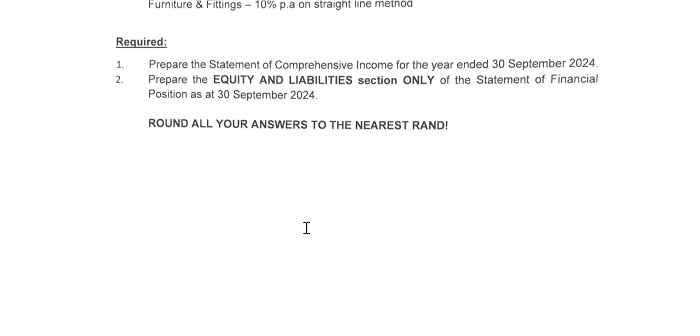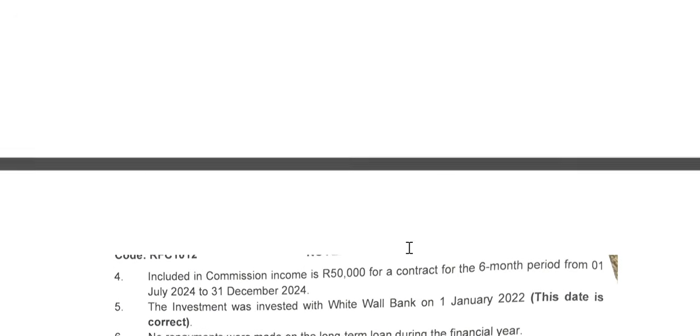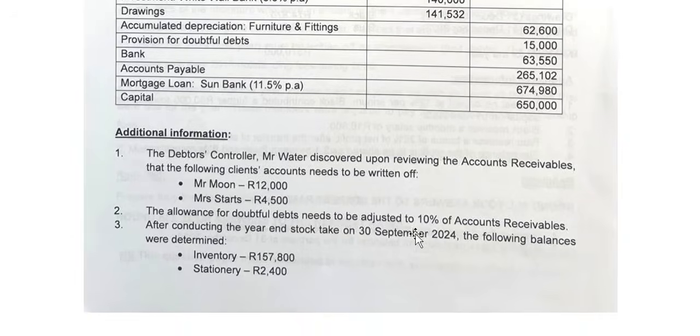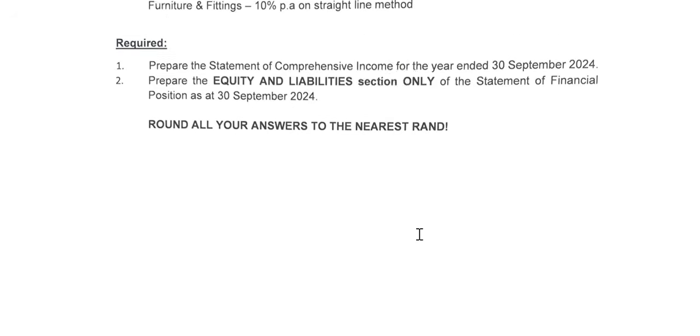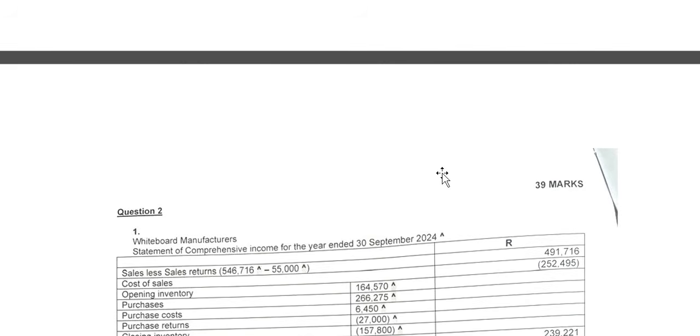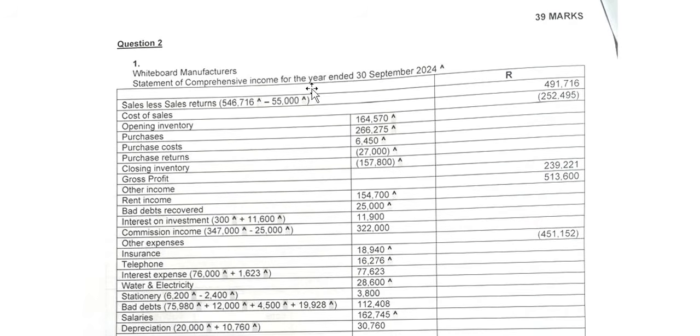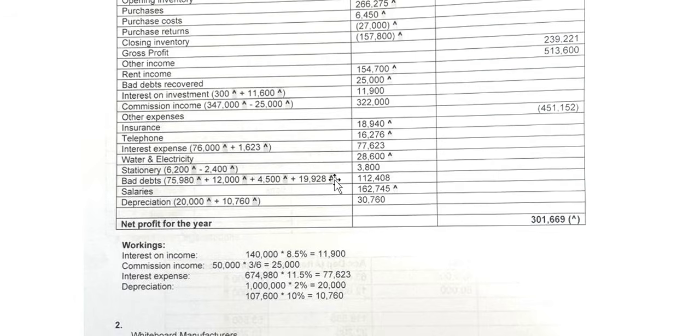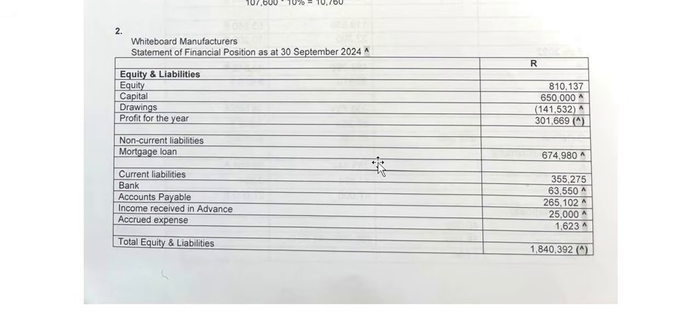You need to know the format. If you think about it, it's quite easy, because what goes into the statement of comprehensive income is your income less expenses, and the statement of financial position, assets equals owner's equity plus liabilities, your accounting equation.